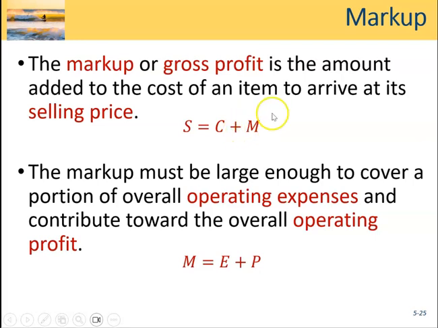So when we're looking at the M, or the markup, the profit that we're making, it's operating expenses plus operating profit. Okay, so all of our expenses and our profit is what we need to mark it up by. And we need to take that markup, add it to how much it actually cost us to buy it or to make it, to come up with our selling price to the next level up.